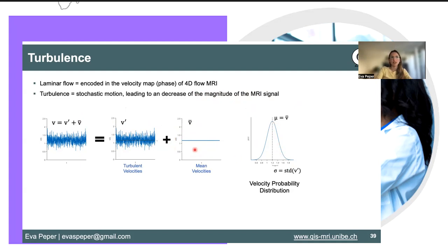In the end, you can look at these images also as a velocity probability distribution. You will have some mean value, and a standard deviation of your velocities that stands for the turbulence that you actually measure.